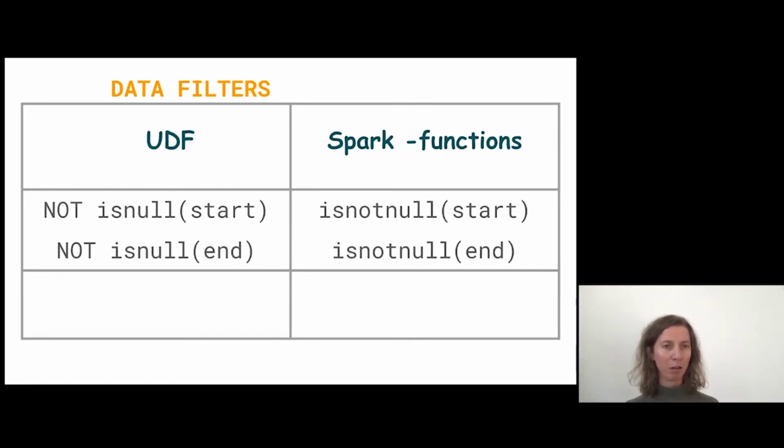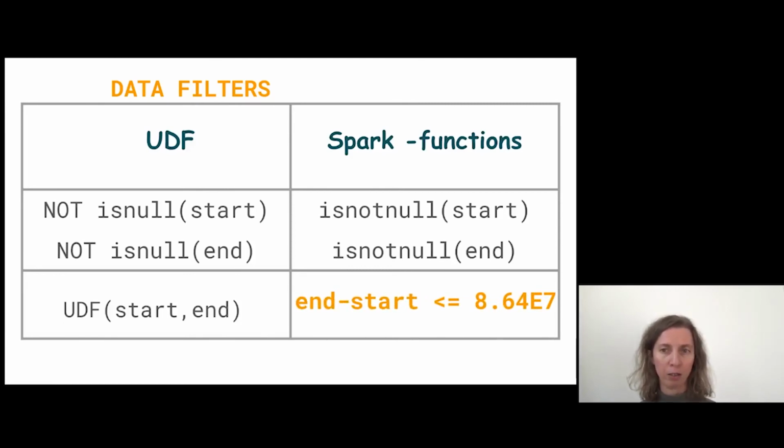In the physical plan of UDFs, we also find an obscure filter that doesn't add much information. But in the Spark functions plan, we see the logic of our filter with a pre-calculated number that equals the value from the query.